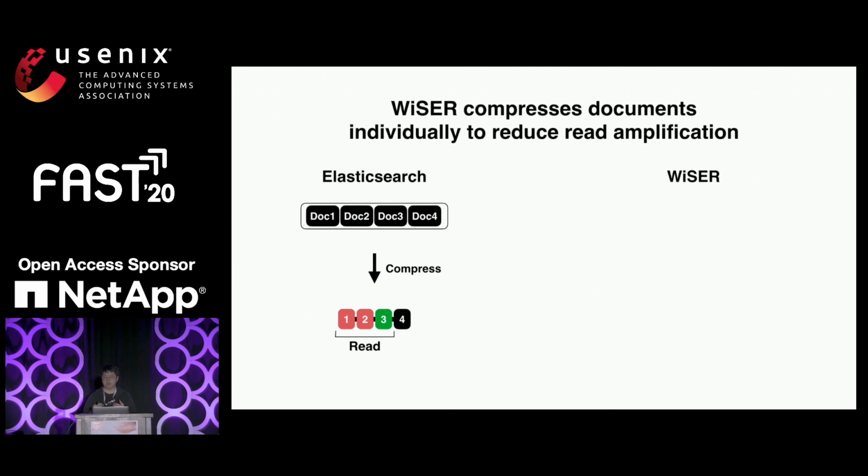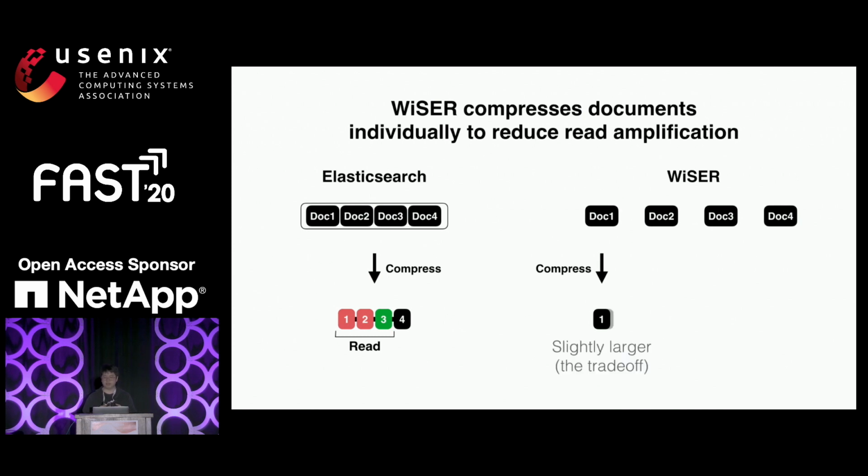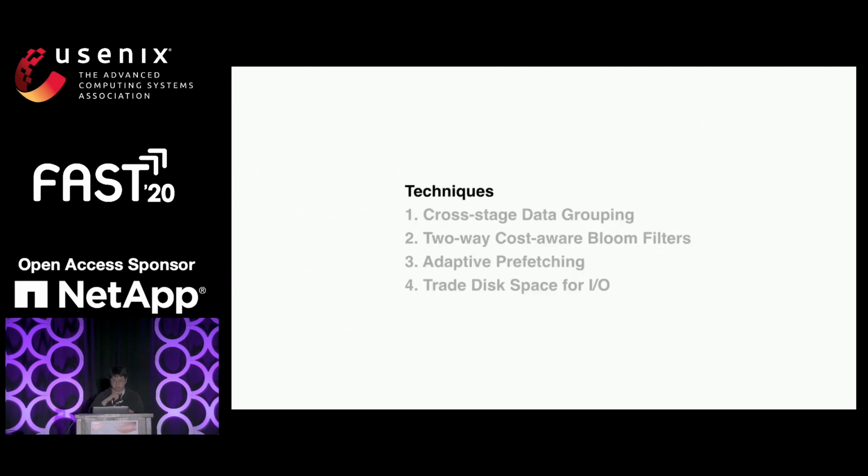In WiSER, instead, we compress the document individually like this. The catch here is that each of the documents will be slightly larger than Elasticsearch, but that's the trade-off we're making. So by doing this, if we want document 3, we can just read document 3 without reading all the previous documents.